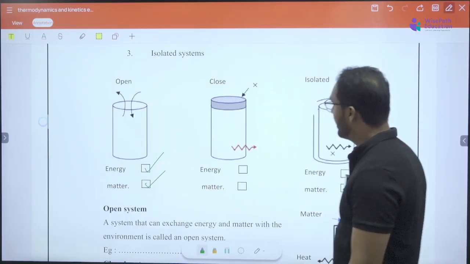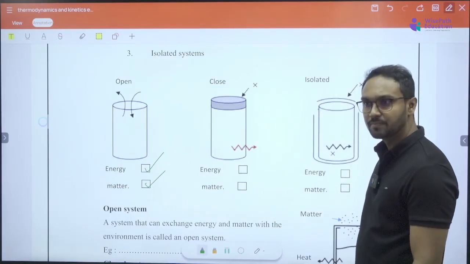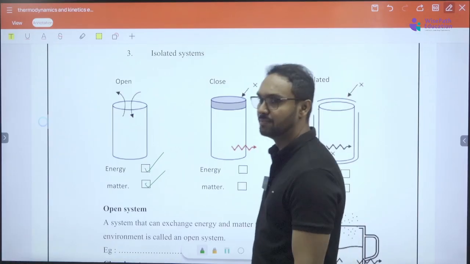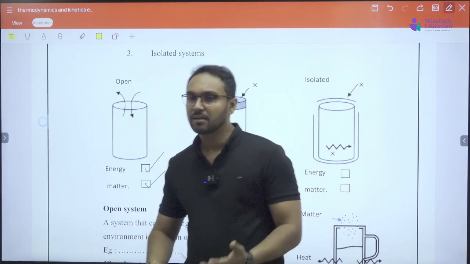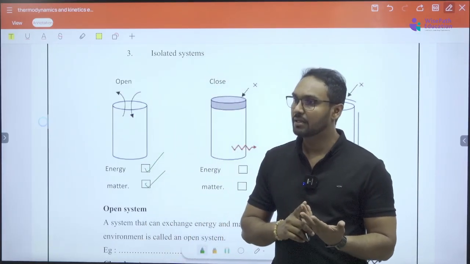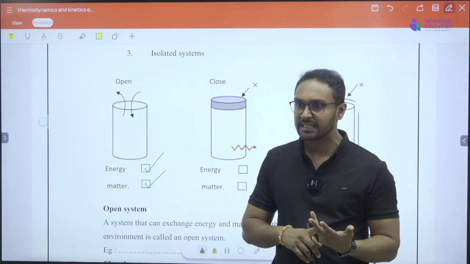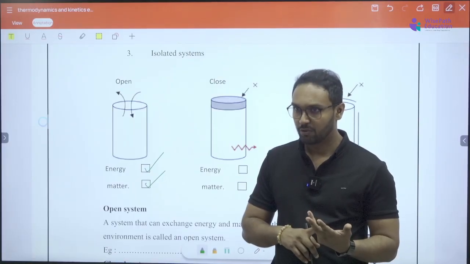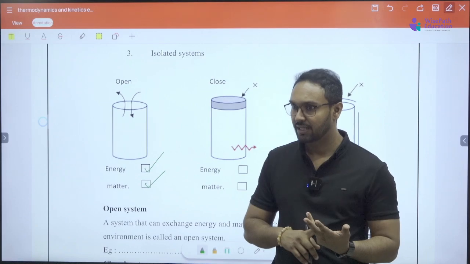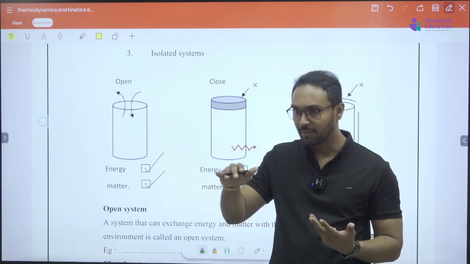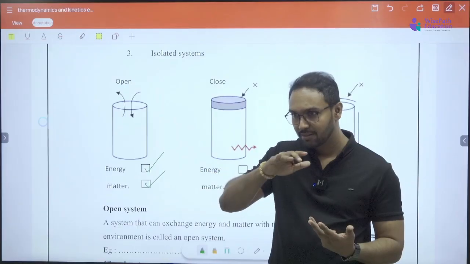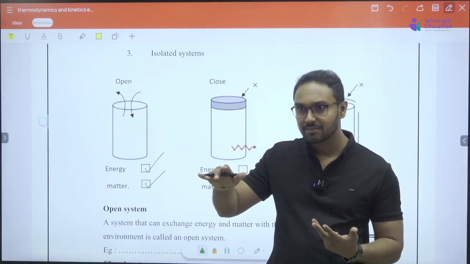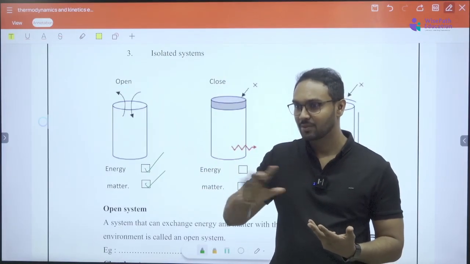And in a closed system, what is a closed system? If we consider the energy and the matter, out of the two, only one can be exchanged, the other cannot. So it has limits, like the boundaries are there. Only energy is allowed, matter is not allowed.